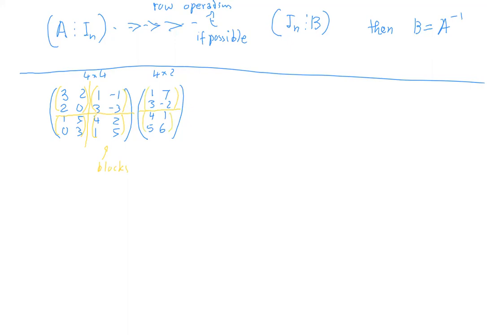Now, if I consider this under this new identification as a 2 by 2 matrix consisting of blocks, and this as a 2 by 1 matrix, and I multiply them as blocks, what would that mean? That would mean, for example, that I multiply this matrix times that, and this matrix times this, and then I add them up.